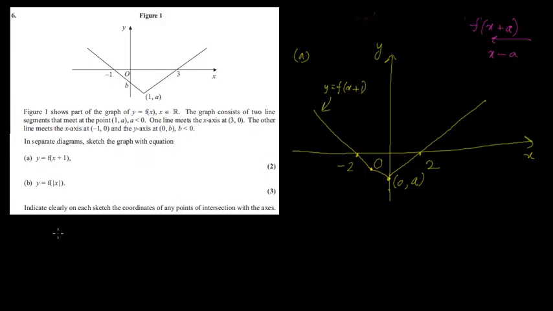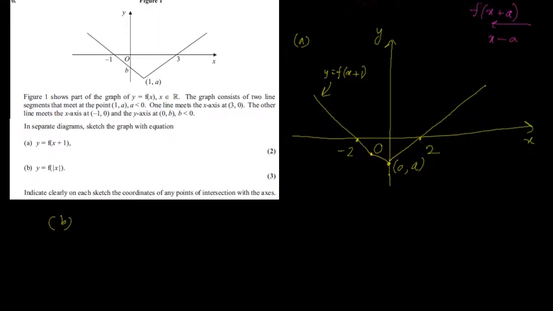Now for B, we are doing the modulus transformation. So the modulus transformation here would be f of modulus of x. F of modulus of x means if you have a picture, it will be reflected on the y-axis. But remember, anything that is negative is automatically eliminated, and the negative looks the same as the positive.